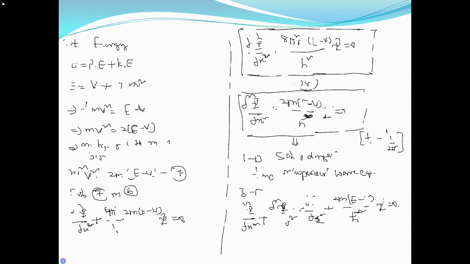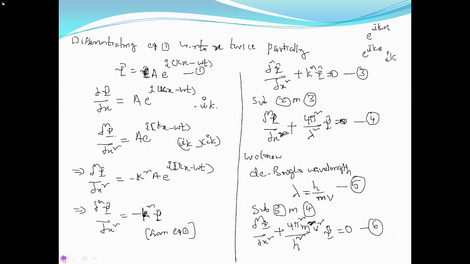Now, what we have done: we started with the wave function. We differentiated this wave function 2 times. So I got like this. Next, I replaced k with 2π by lambda. Next, I replaced lambda with h by mv.